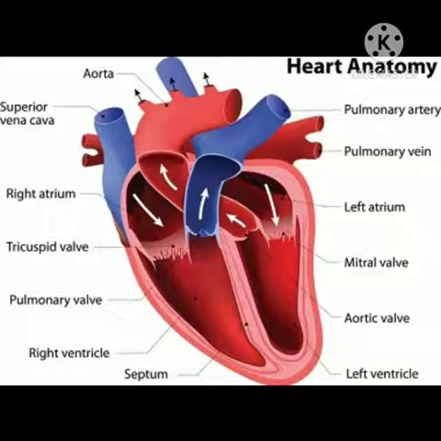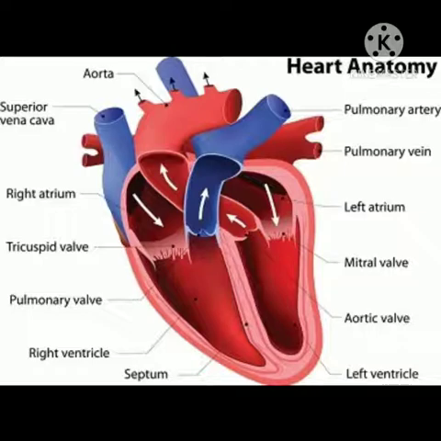Due to this, the blood becomes deoxygenated, which means that the blood has maximum amount of carbon dioxide and minimum amount of oxygen. This is how the oxygenated blood reaches to the heart from the lungs and to the body from the heart.